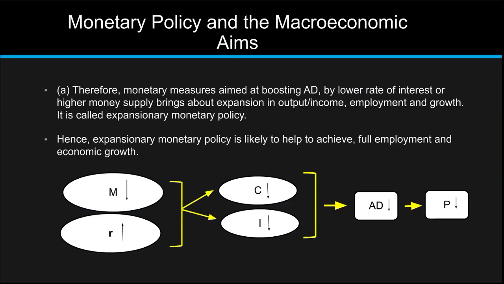Whereas the contractionary monetary policy is the total reverse scenario of the expansionary monetary policy. If you take a look at this diagram below, you can see the flow chart of contractionary monetary policy, where in order to implement it, the central bank will reduce the money supply and increase the rate of interest.